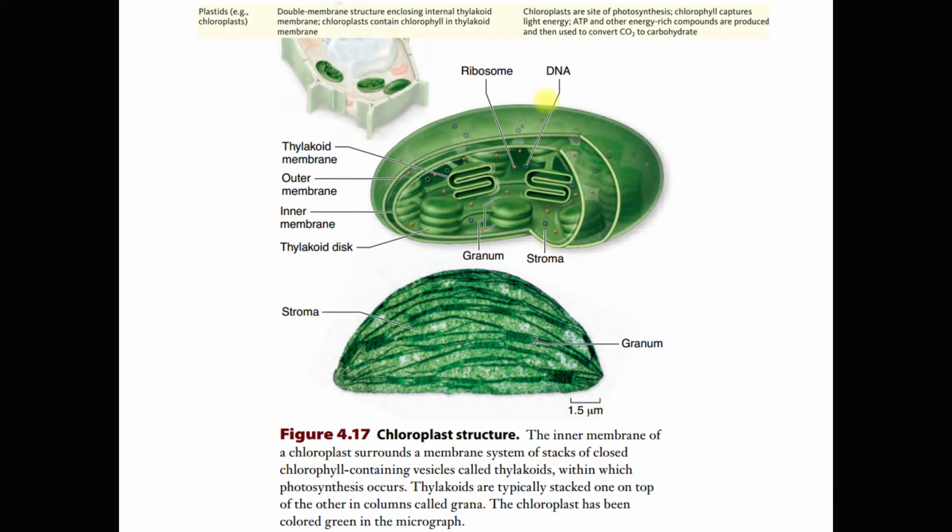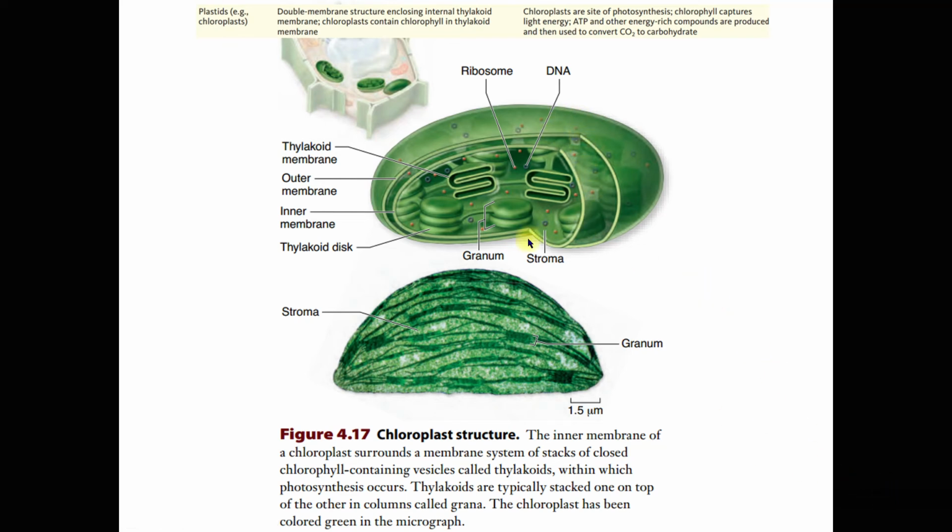Now next we have chloroplast. Chloroplast is one example of plastids. Chloroplast is a double membrane structure. You can see here it's a double membrane structure enclosing the internal thylakoid membrane.